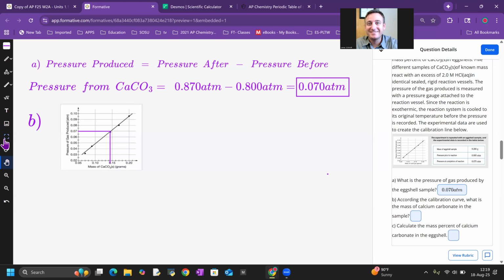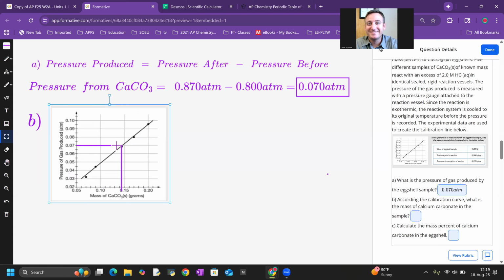And so we can see on this picture we started at 0.07, and that is associated with some value between 0.14 and 0.15. So I'm going to estimate where it is between 0.14 and 0.15, and my estimation is going to be this right here.